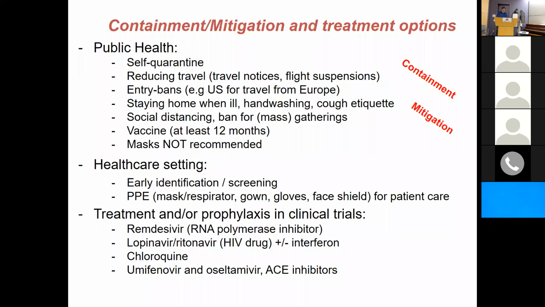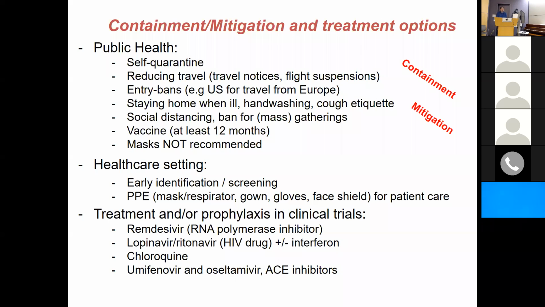Chloroquine has some data, and people are even using our flu treatments, mifenovir and oseltamivir, with no biologic plausibility though, but some people believe it may help. And ACE inhibitors is another at least theoretical approach because it's the ACE receptors, right? So maybe if you block them, there may be some benefit.